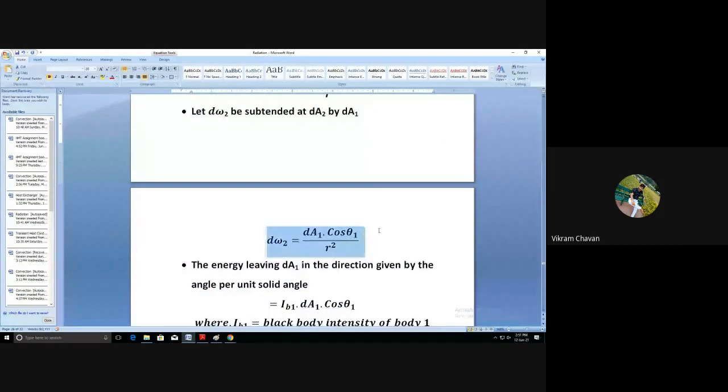Therefore, d omega 2 is equal to dA1 multiplied by cos theta 1 divided by r square.